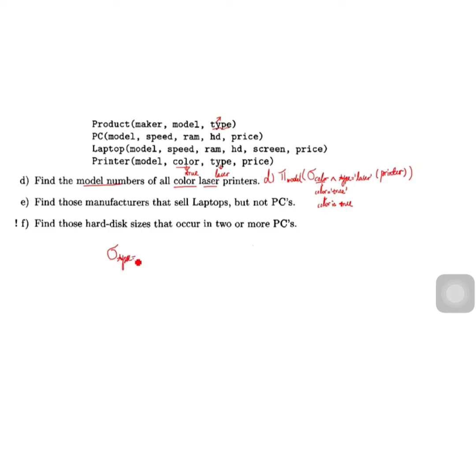Type is laptop and type is not PC. Now product, okay, is a condition of product. And then maker. So some of you give me this answer. Is it correct? No.